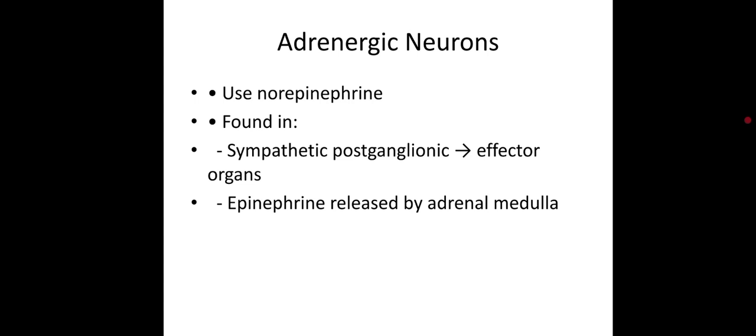What about adrenergic neurons? Well, in adrenergic neurons, transmission is controlled by the norepinephrine, which is found in the sympathetic postganglionic fibers. Means these adrenergic receptors are present on the effector organ, and epinephrine is released by adrenal medulla in response to acetylcholine binding to the nicotinic receptor at adrenal medulla.